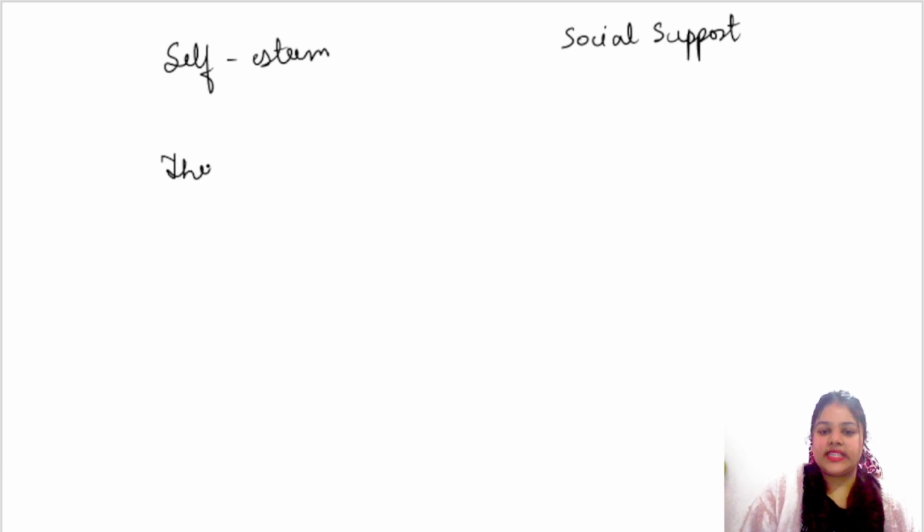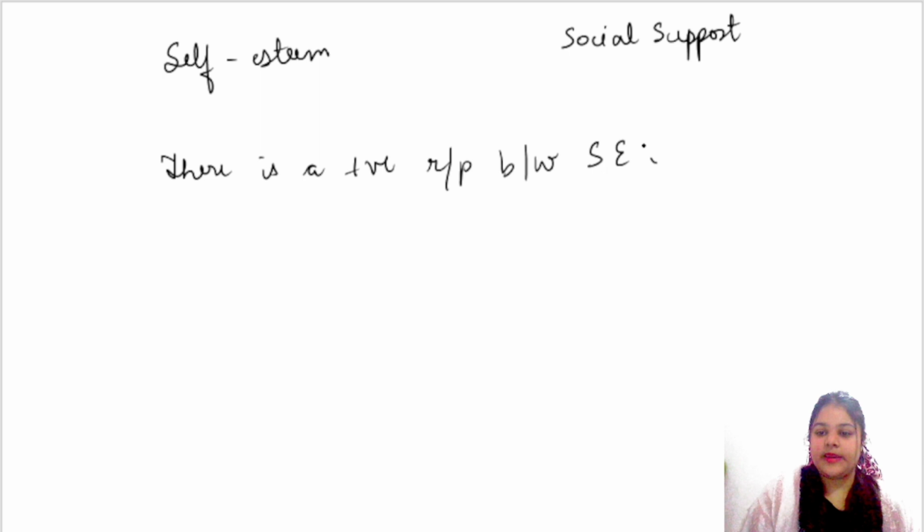So I am saying that there is a positive relationship between self-esteem and social support. So basically this is a hypothetical statement that I will confirm further on by using various psychometric tests. I would use various parametric or non-parametric tests accordingly.